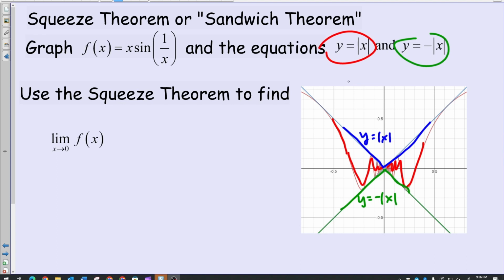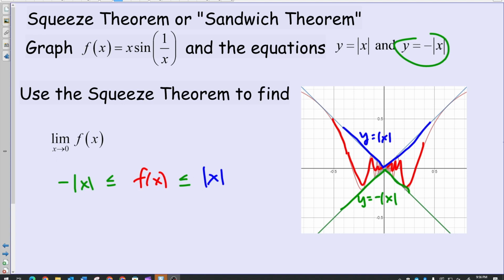And so by looking at the picture, we can see that the absolute value of x is the upper bound, and f of x sits between the absolute value of x and negative absolute value of x. So we've got the squeeze theorem format here, where there's a function that is squeezed between two other functions.